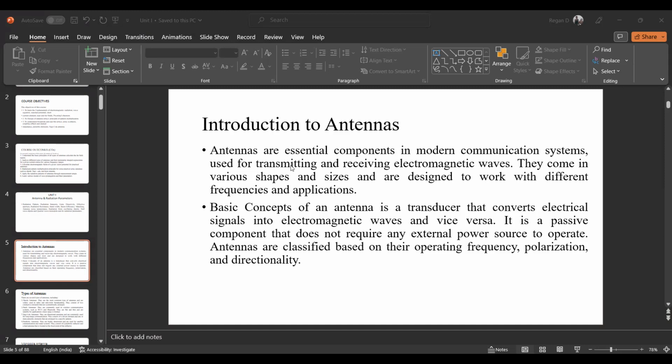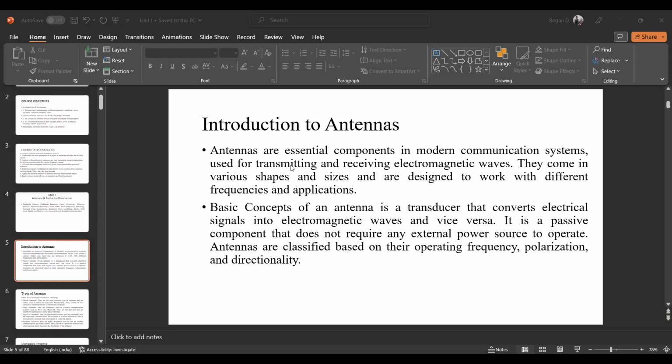And many times, we can see the tallest mast or tower, where we have different shapes of antenna, like a disc or vertical antennas.